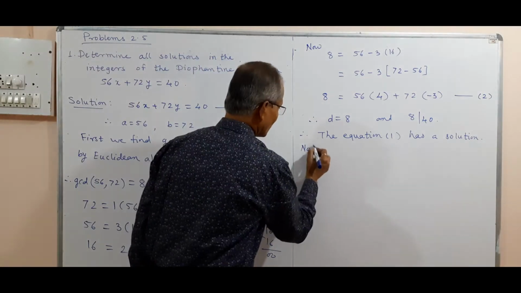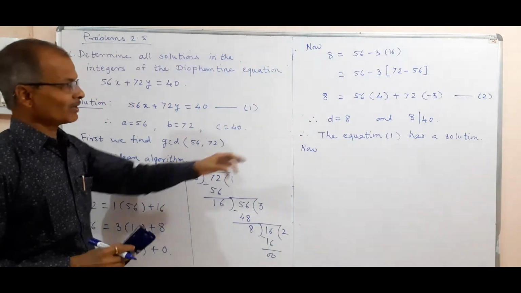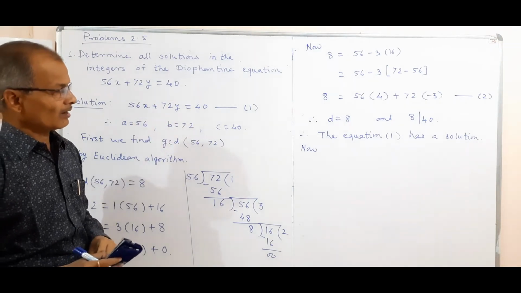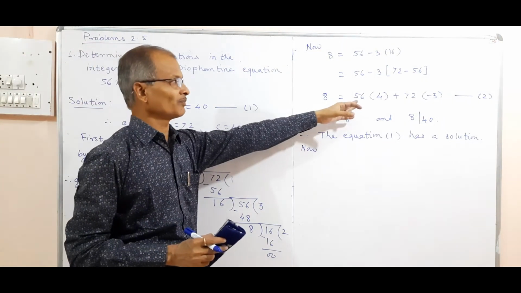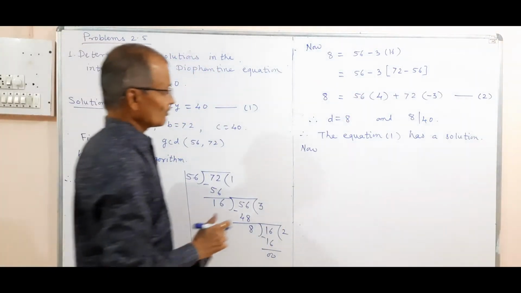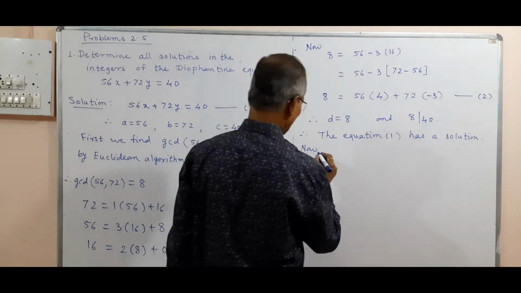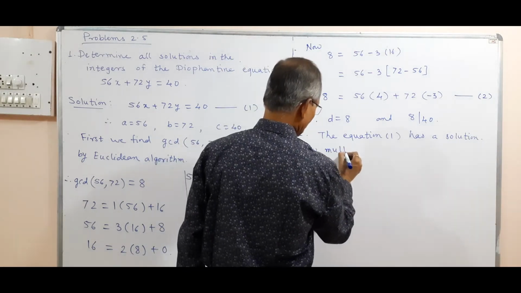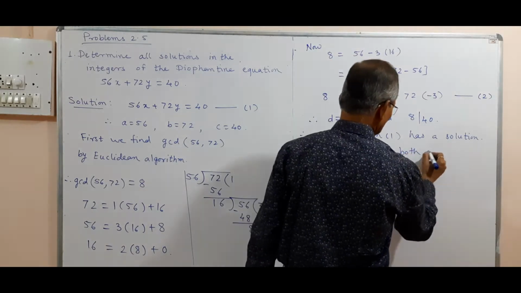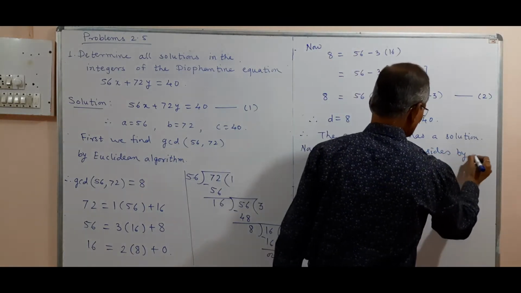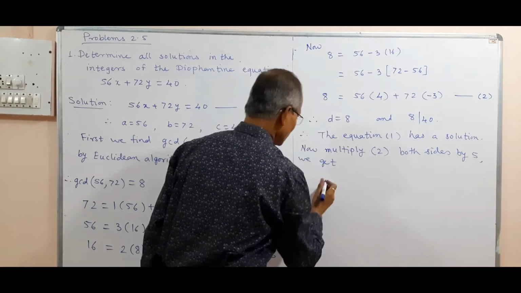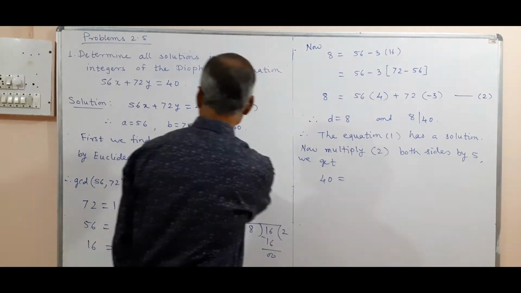Now you note this step. Why are we multiplying by 5? Because we want one side as 40. The sides are reversed, or otherwise you write 56 into 4, interchange the sides and the equation can be written. So multiply equation 2 on both sides by 5. While multiplying, 8 into 5 is 40, so one side is obtained.